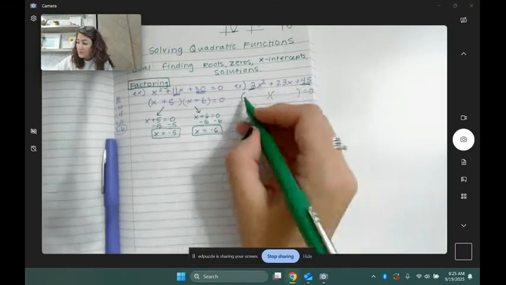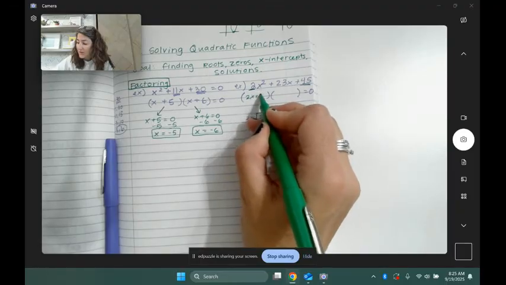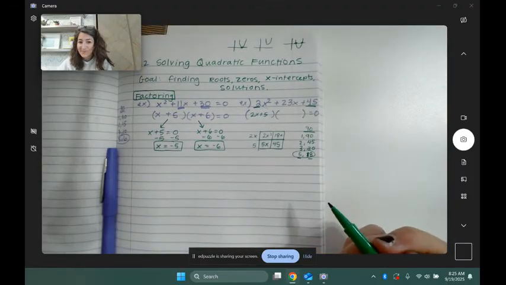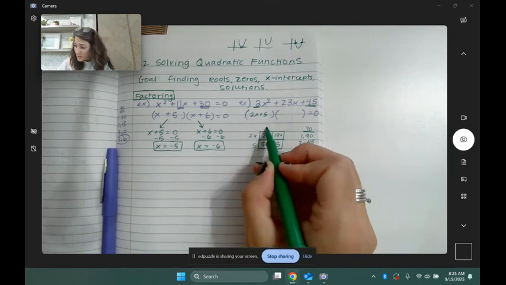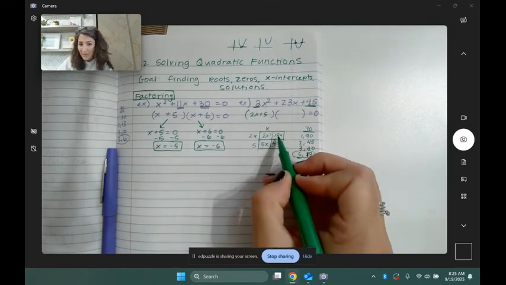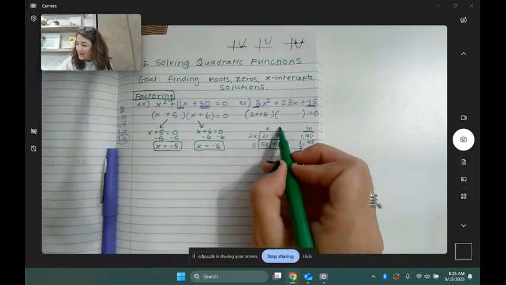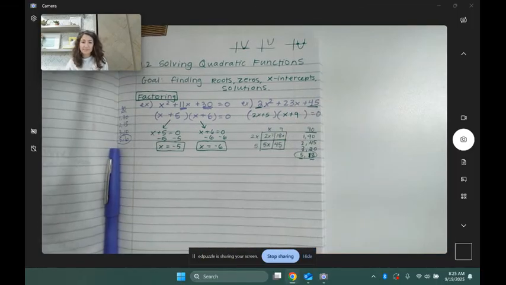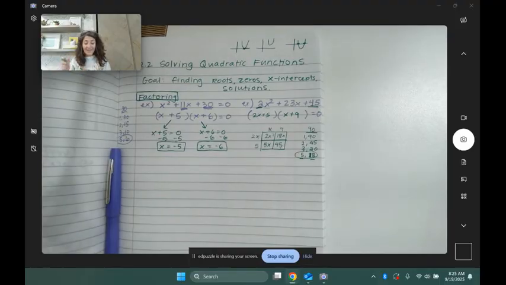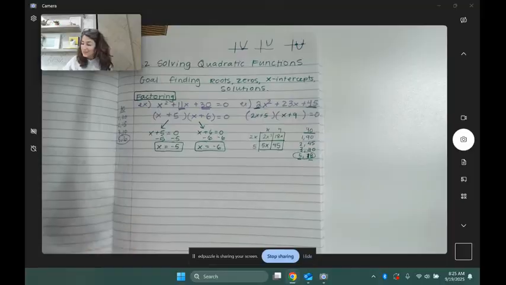One of your terms here is 2x plus 5. What can I divide both 2x squared and 5x by? Just x. And what can I divide both 18 and 45 by? 9. x plus 9. Once you're here, set these both equal to 0.